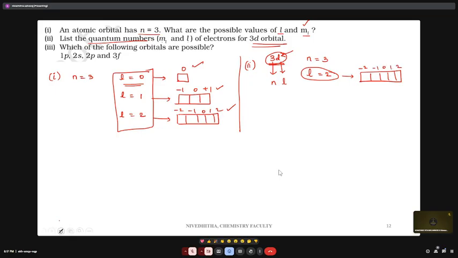That's it. So l is equal to 2 and ml is -2, -1, 0, +1 and +2. Third question. Which of the following orbitals are not possible?